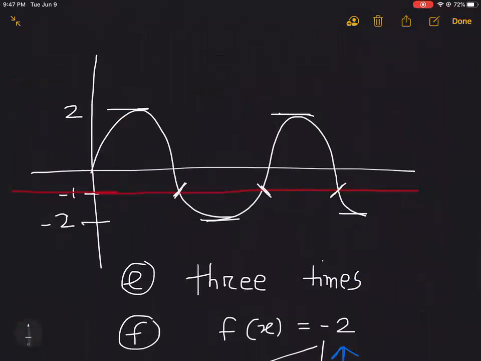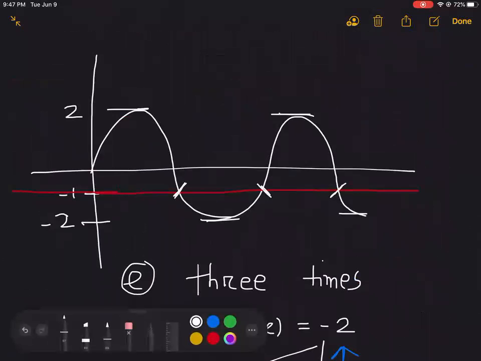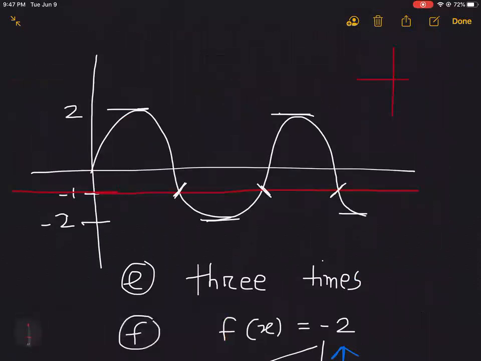So if you remember the basic property of a graph, let me redraw it. Anything below this line, y is negative, right? Anything above, we say y is positive. We want to find the values of x for which this is true.